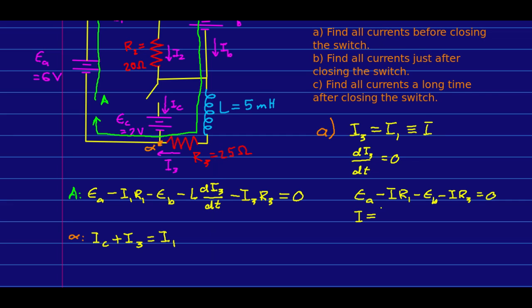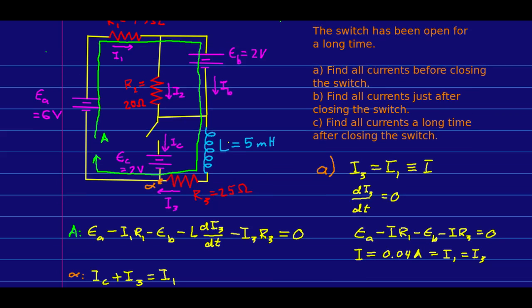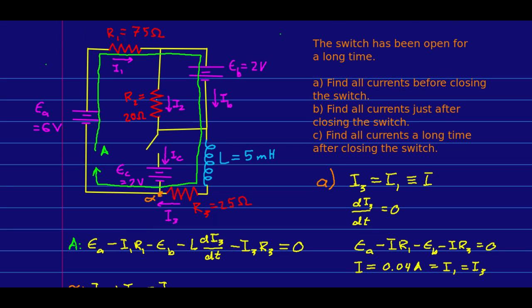And if you run the numbers on that, you're going to find that it comes out to, and that is both I1 and I3. Now if I wanted to find the rest, and I'm going to skip over it, I could do this loop law to easily get I2, and then I could perhaps do this junction law, and since I already know I1 and I2 at that point, I could get IB.